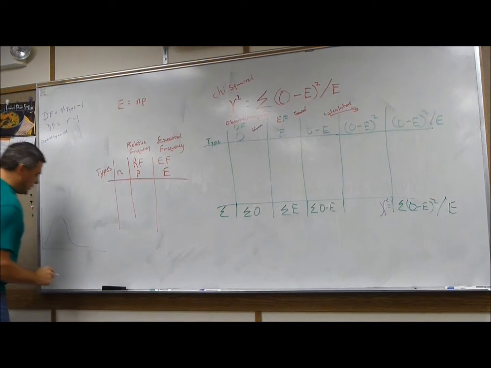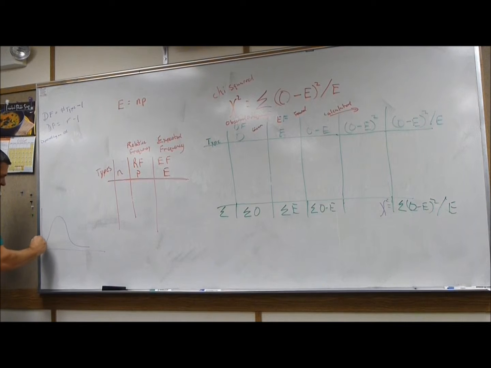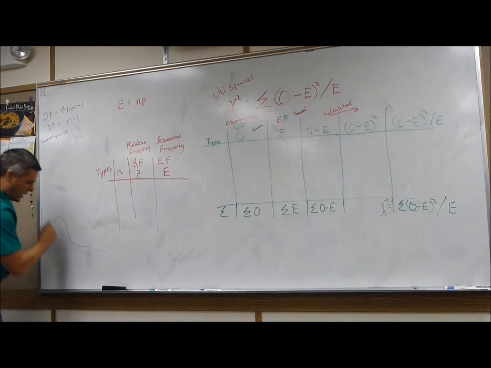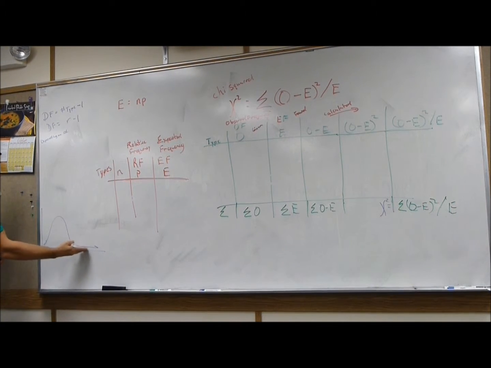Remember, a chi-squared chart always starts off at 0, goes up and back down, and goes off to infinity, but it'll never touch the bottom.